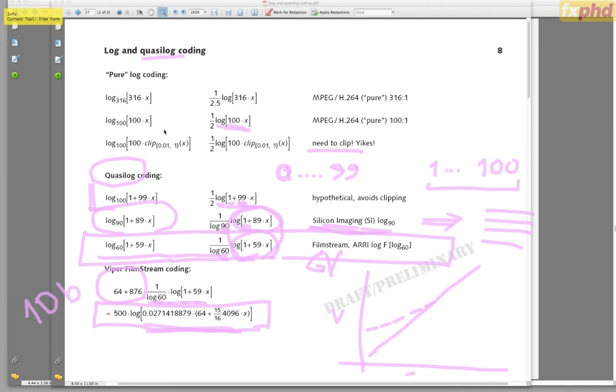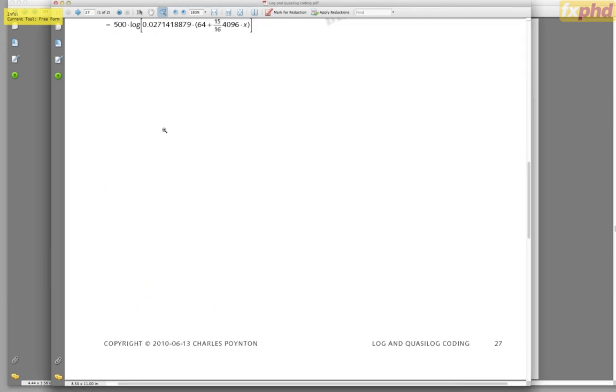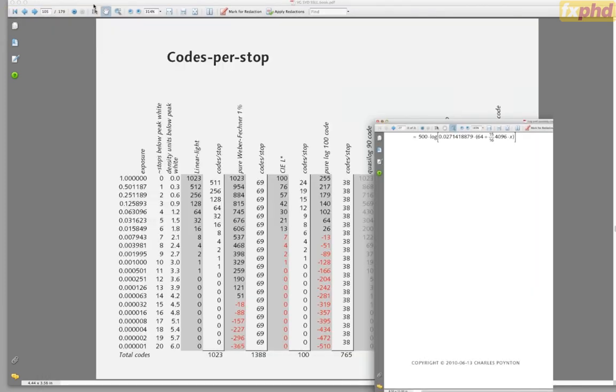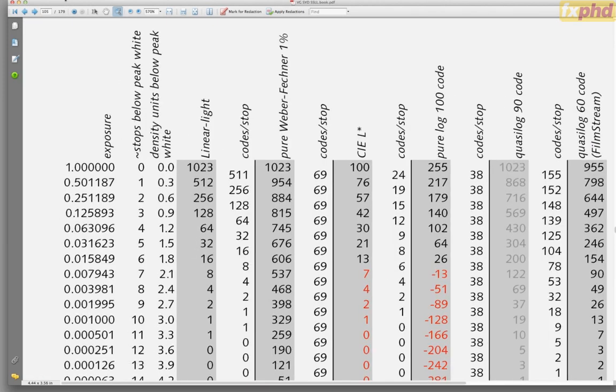So now let me give you the single wrap-up slide, and it's a complicated one. It's this one. This is my codes per stop slide. Let me take a few minutes to go over this, and then we'll stop for some questions. Let me first magnify that, like so.